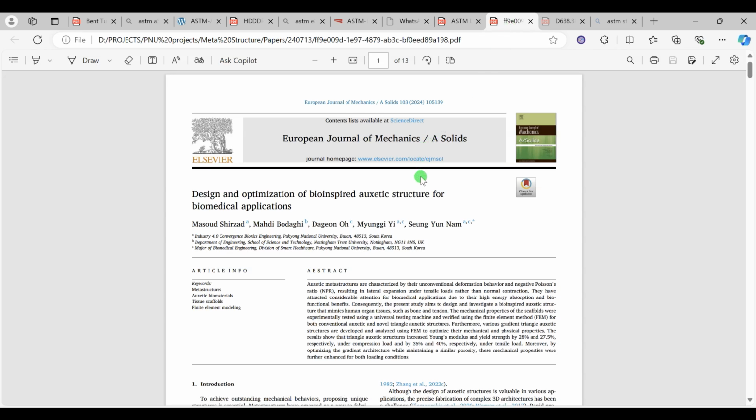The last topic that I want to cover is related to plastic like ABS or PLA, which is widely used in metal structure and FDM or 3D printing.